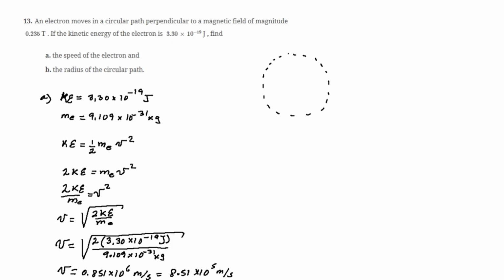So I'm not representing the field here, but I can represent the field. If I represent the field, if I have, for example, a field pointing out, leaving the plane of the screen of the computer, right?